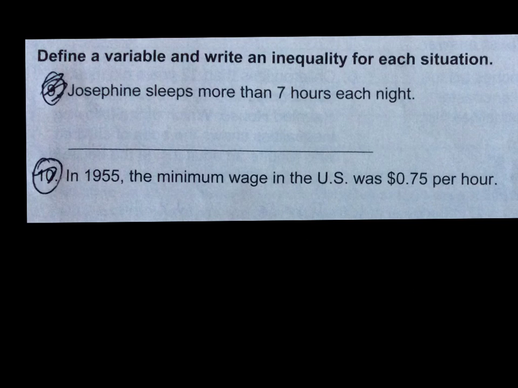The first one states that we want to define a variable and then write an inequality for each situation. So the first one, Josephine sleeps more than 7 hours. First of all, let's define a variable.